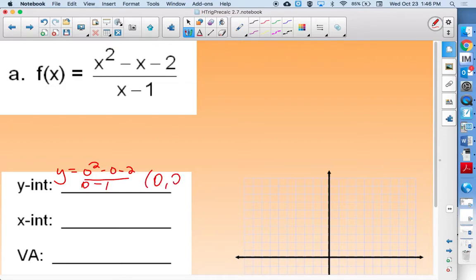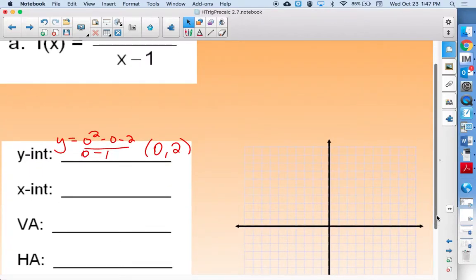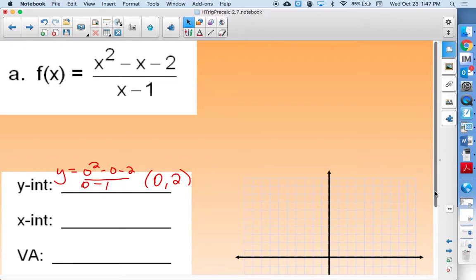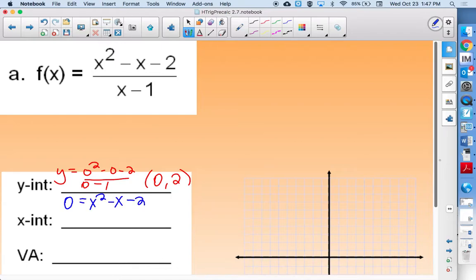So what zero would we use to do this? The denominator. So you should have a 0, 2 for the y-intercept. How do you find the x-intercept? Set the numerator equal to 0. And when you do that, we get 2 and negative 1, because you have to factor it.